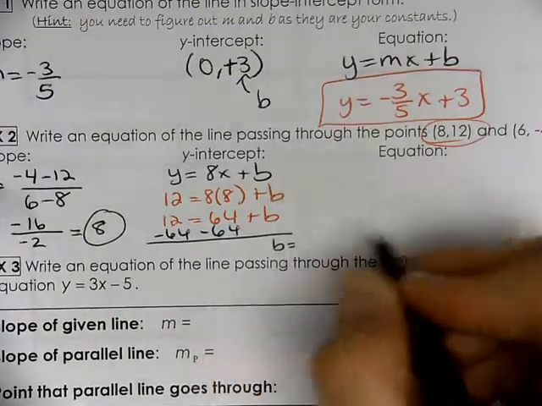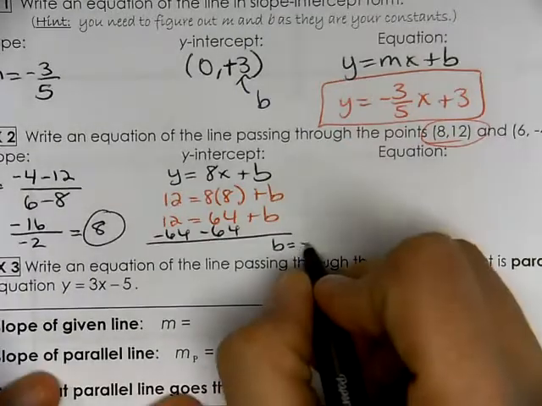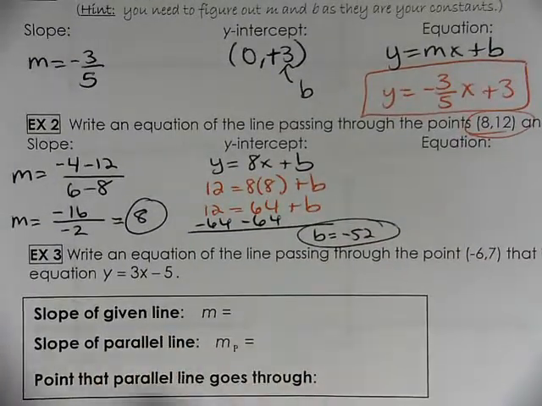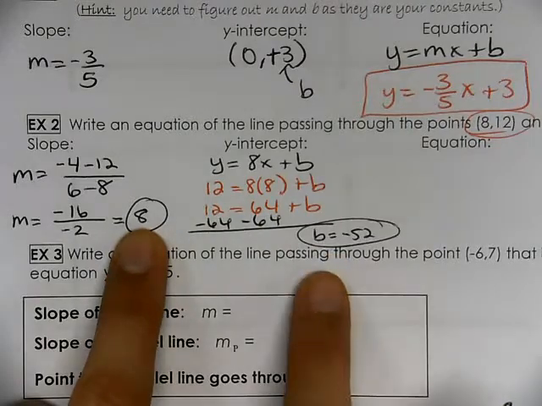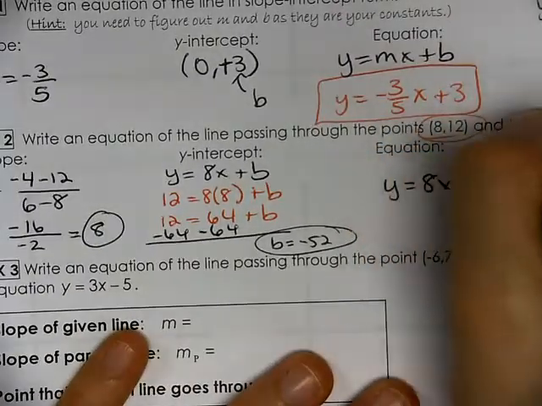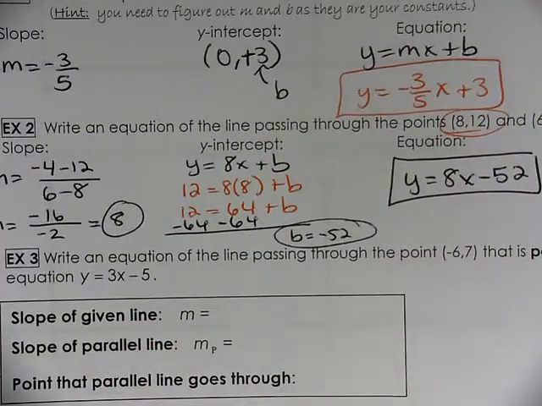And you get b is negative 52. So I have my slope, I got my y-intercept. My equation is y equals 8x minus 52. And this is pretty much what we're going to do the rest of the day.